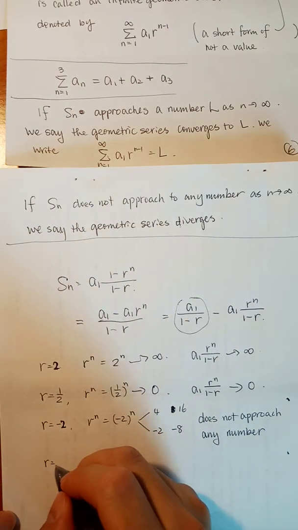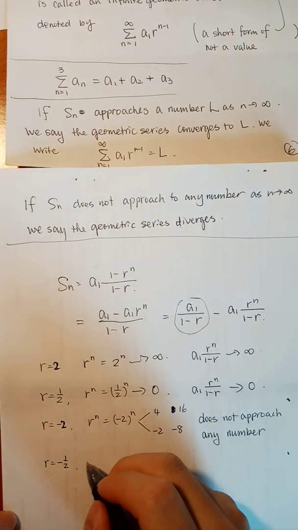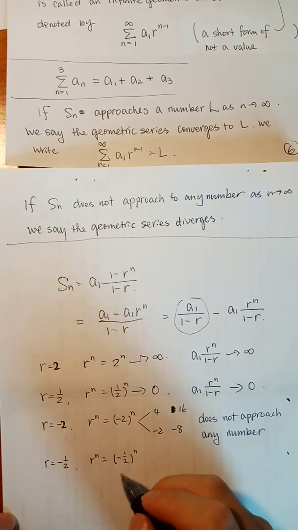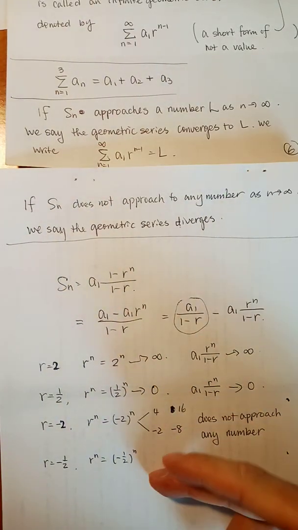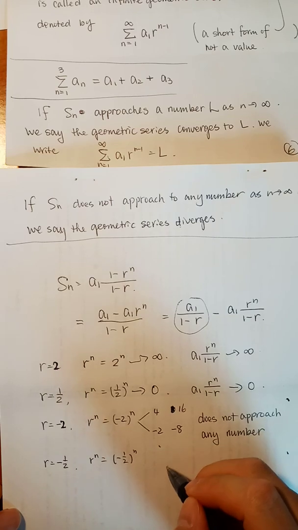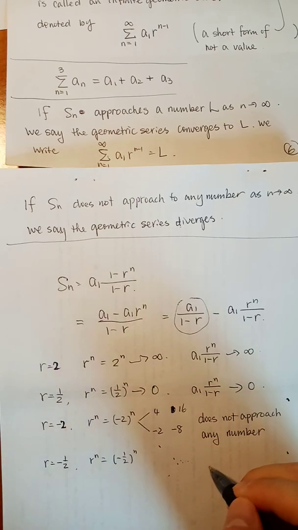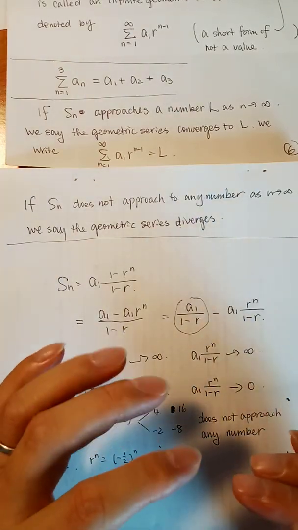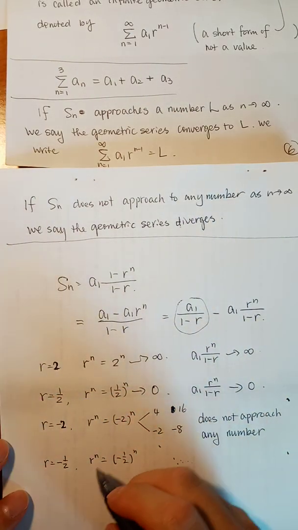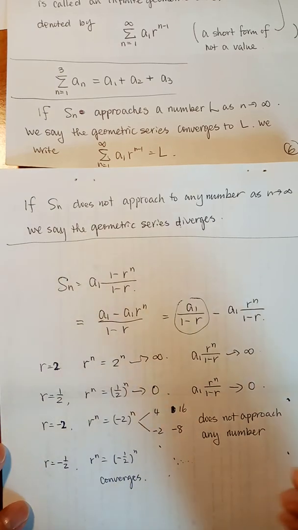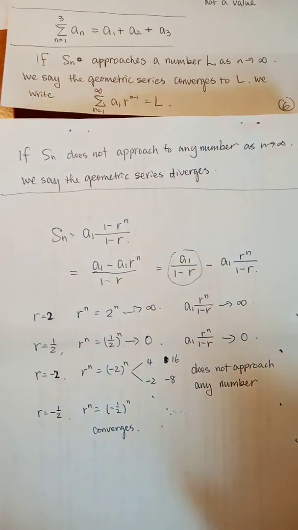And when r is -1/2, it also alternates plus or minus, but this is going down. They approach 0. It becomes smaller and smaller, so it also converges. Okay, so these two negative situations are different.